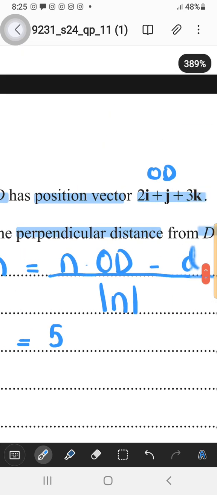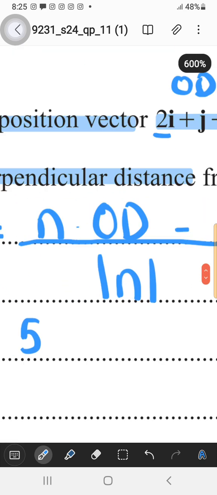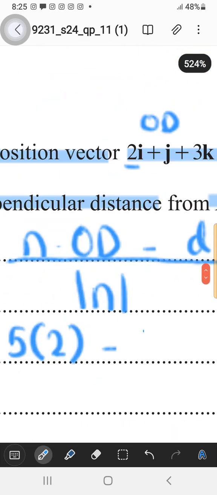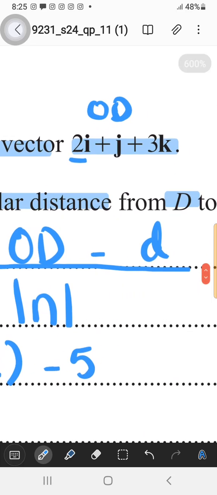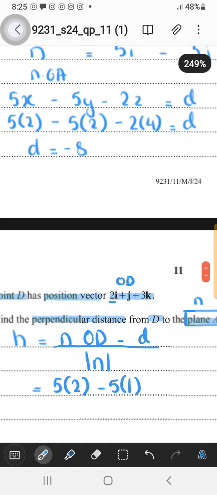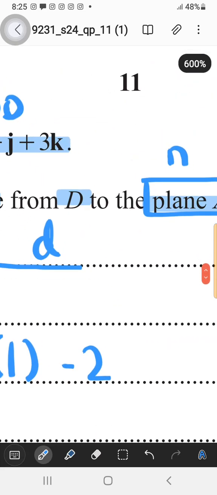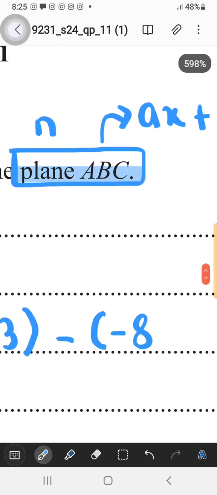So this is n dot OD. 5x, there was x, so I will write the number with i, so I can write 2 here. Then we did minus 5y. Instead of y, we wrote the number with j, so here is 1. Then minus 2z. Instead of z, we write the number with k, 3. And now we will do minus D. D was minus 8, so this is here.